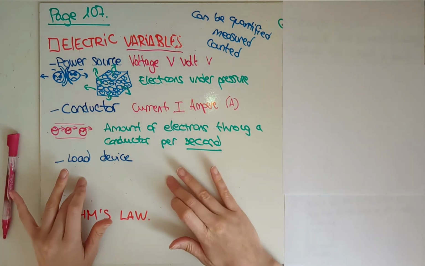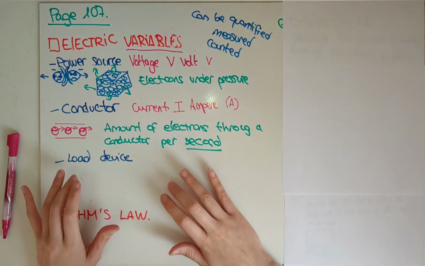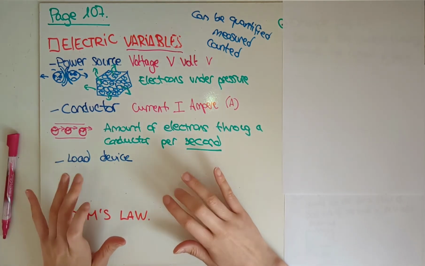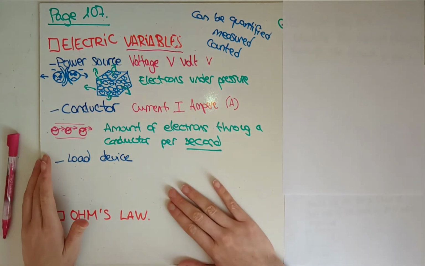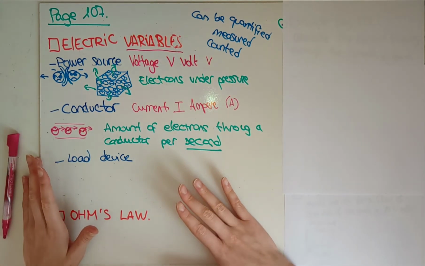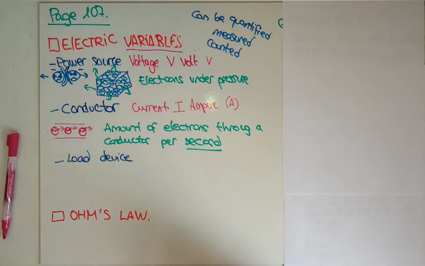Now, load device. We know that load devices are responsible for converting this energy into another form of energy. The parameter that describes this phenomenon or this fact is the resistance.